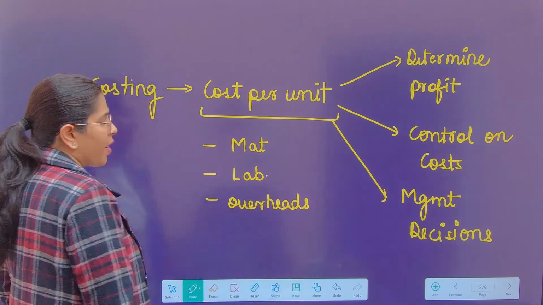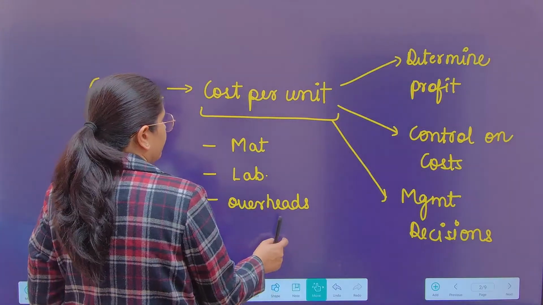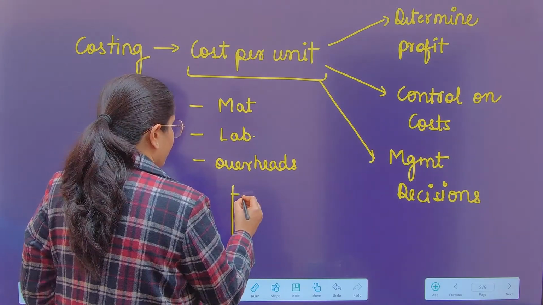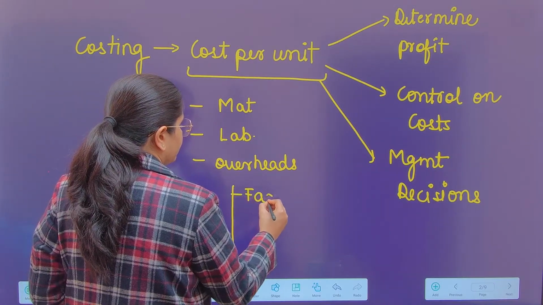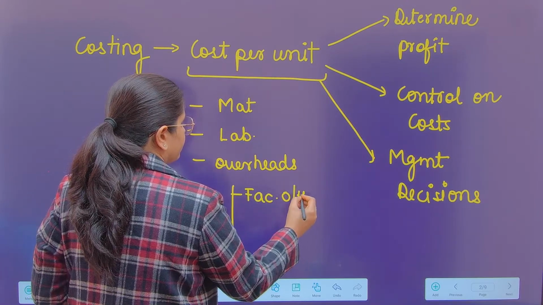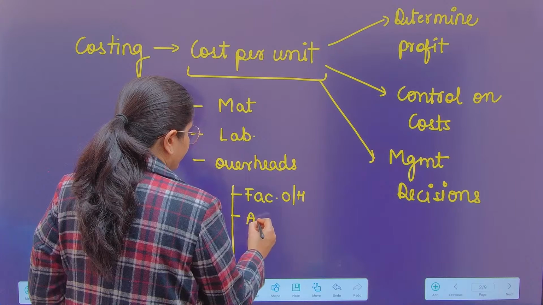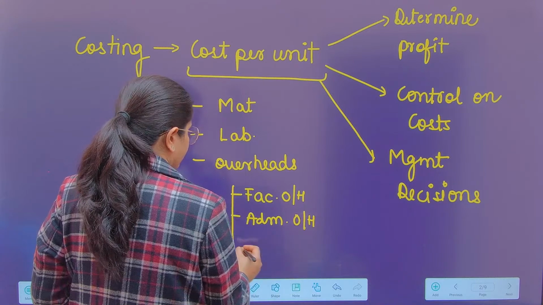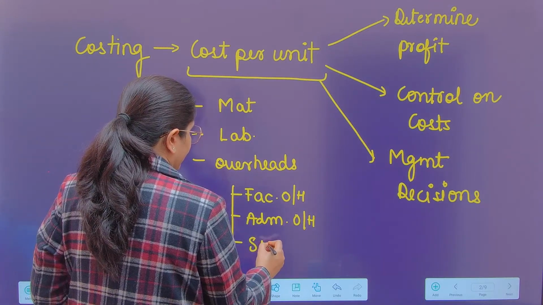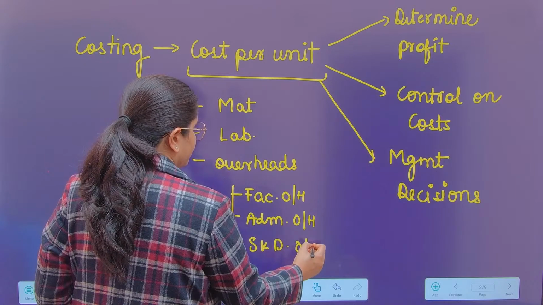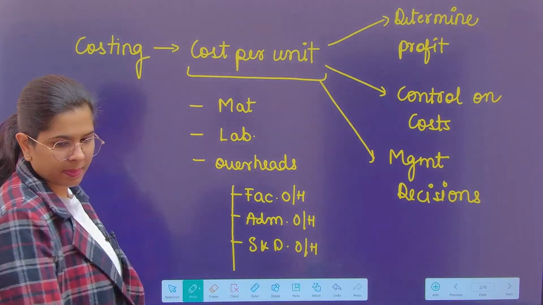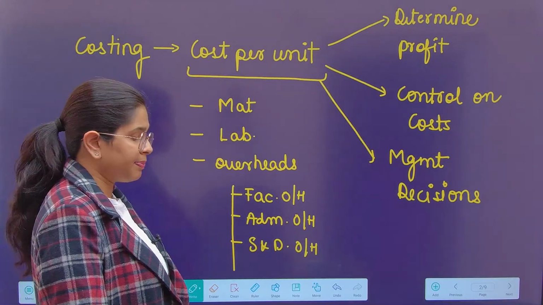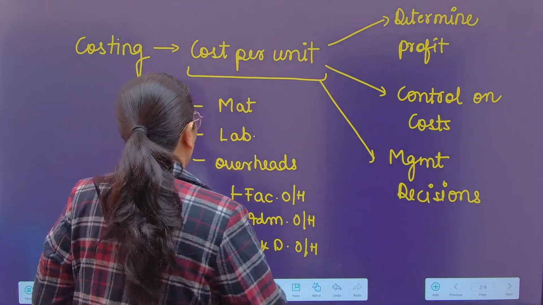In overheads, I have various types of overheads like factory overheads, administrative overheads, and selling and distribution overheads. Correct? So these are all my items of expenses on which I spend. So today I am going to talk about material.